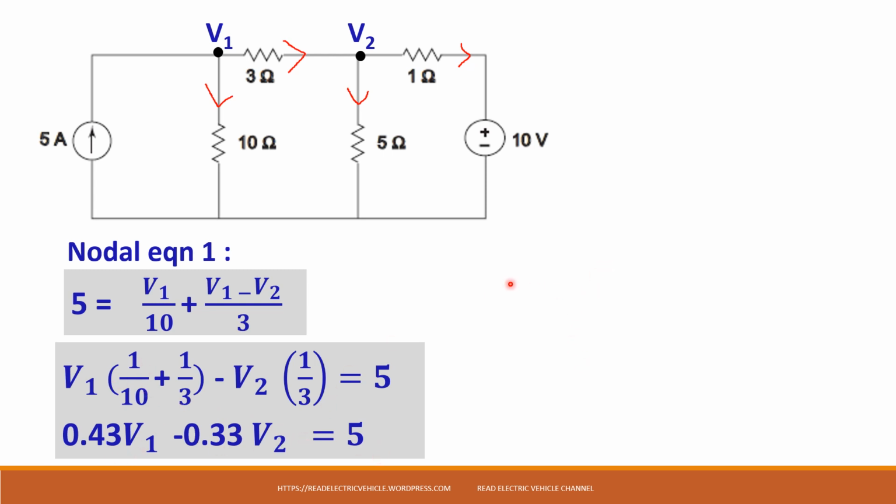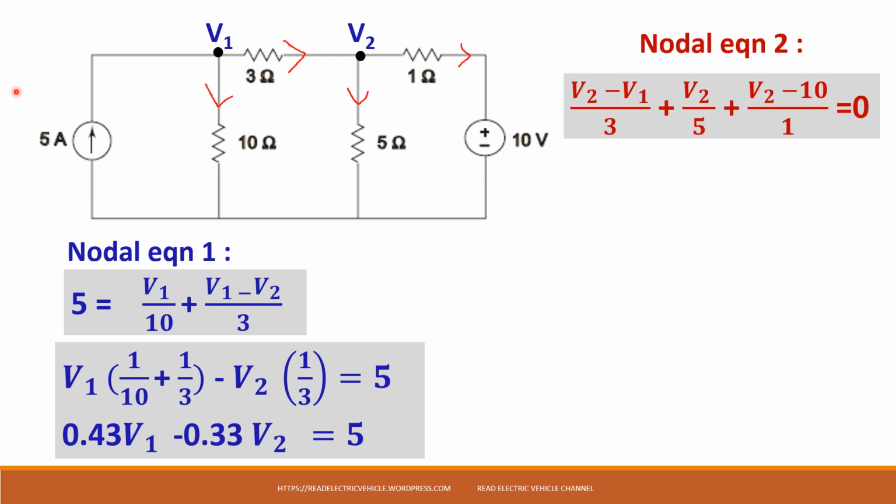Now let us write nodal equation 2. Take the second node and write the equation. First this is (V2 minus V1) by 3, plus V2 by 5, plus (V2 minus 10) divided by 1, equal to 0.